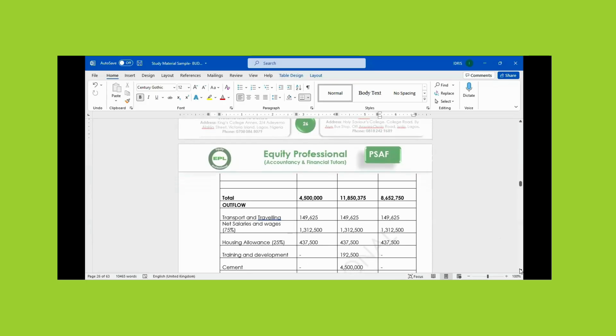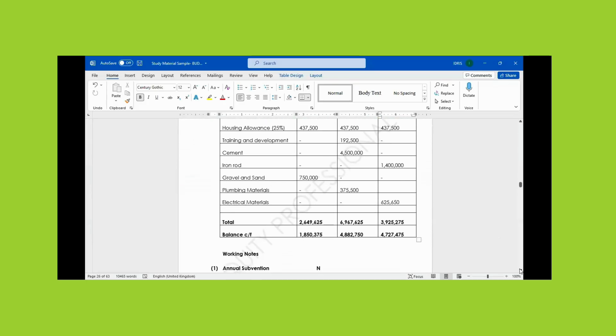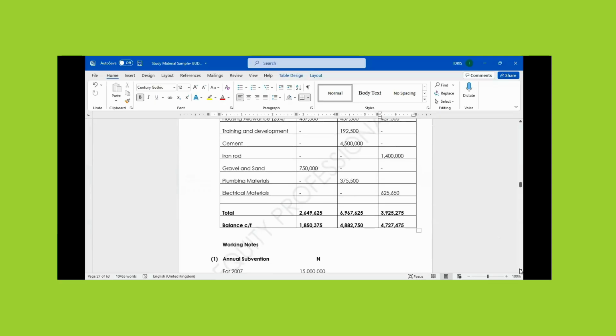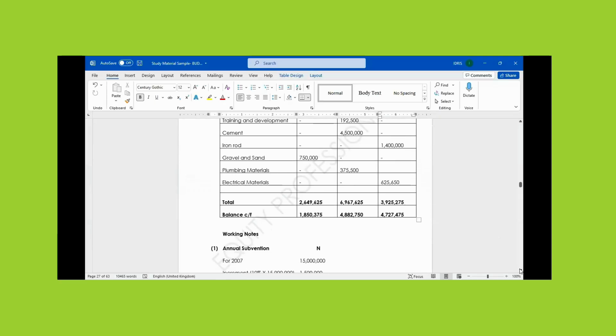The total outflow for March is 3,925,275. At the end of the day, our balance carried forward in March is going to be 4,727,475. Do we understand? Yes, sir.